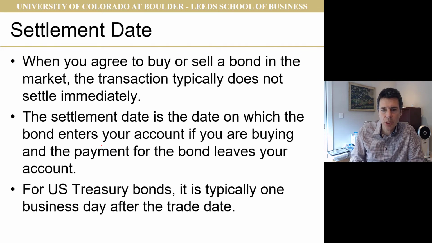Now for U.S. Treasury bonds, it's typically one business day after the trade date. So if I trade today, and today is a Thursday, then it will settle on Friday. If I trade tomorrow, which is a Friday, it will settle on Monday. And of course, we have to take account of things like holidays and so on. But the settlement date is usually one business day after the trade date.